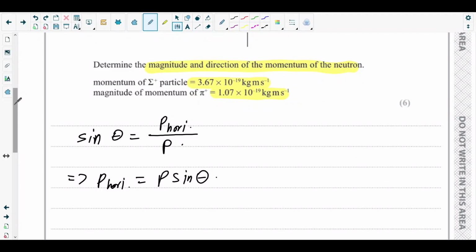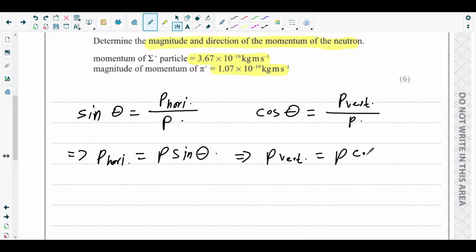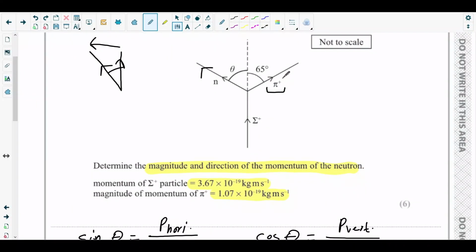Now consider the vertical component. The vertical component can be found using cos theta, so P vertical over P, so P vertical equals P cos theta. The horizontal component of the momentum of the pion plus is equal to the horizontal component of the momentum of the neutron.